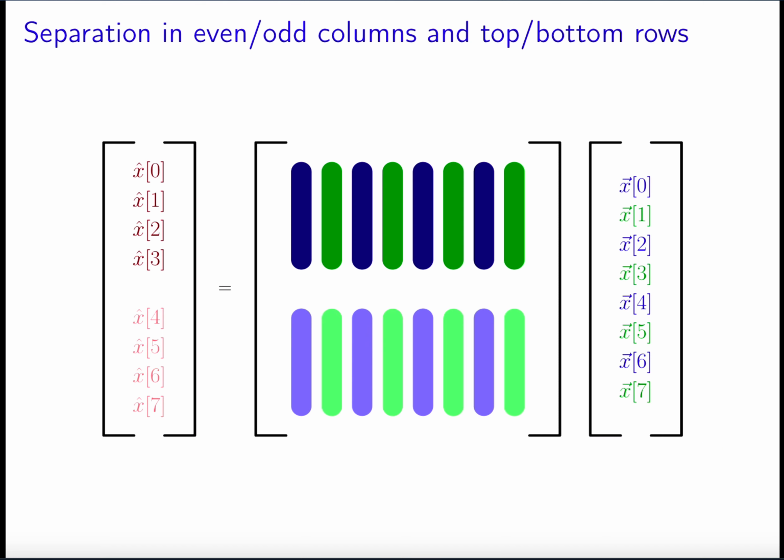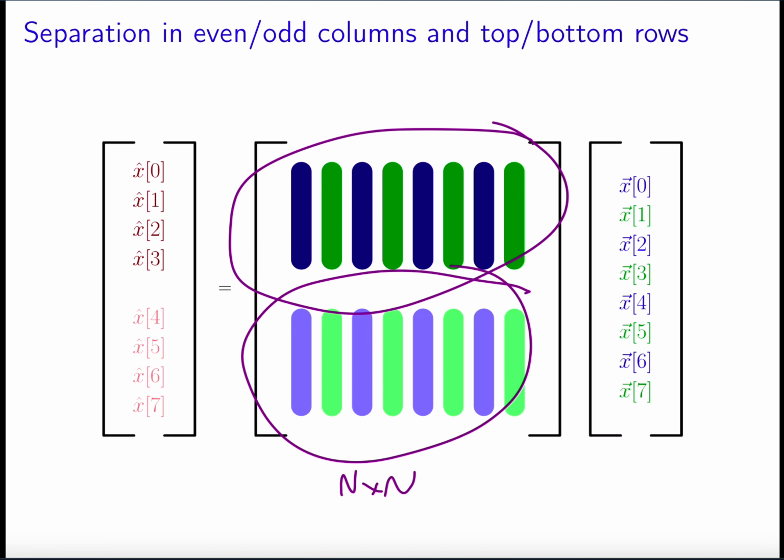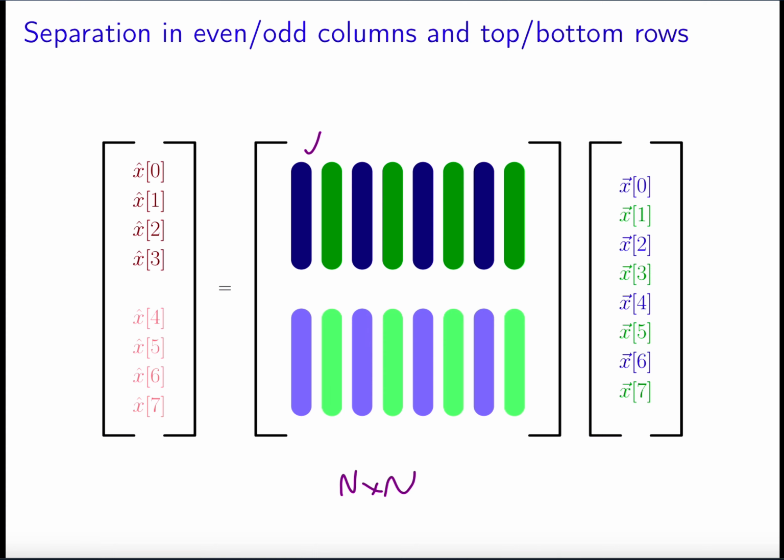So this is the picture. This is the n times n DFT matrix, and I've divided it into the top half, the bottom half, and I've also divided it according to the even columns, because remember, I'm calling those the even columns because we start at 0, and the odd columns.